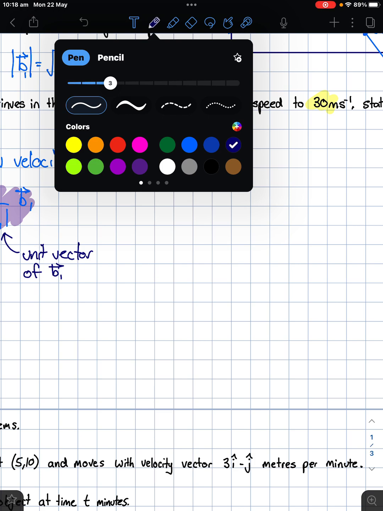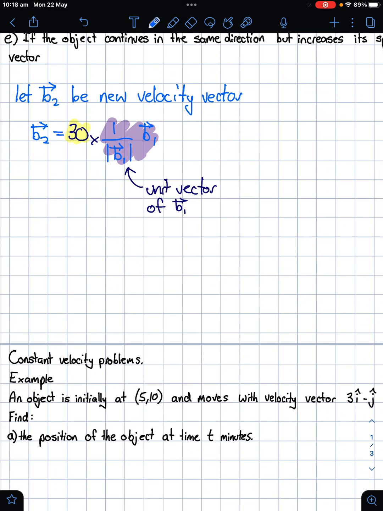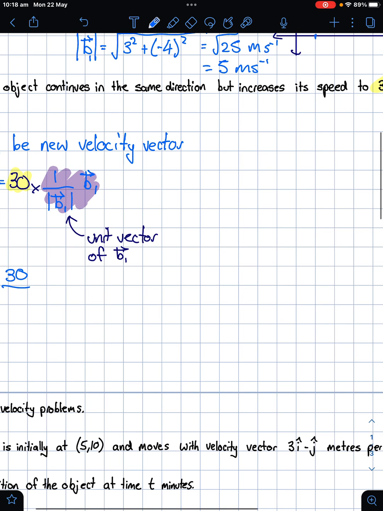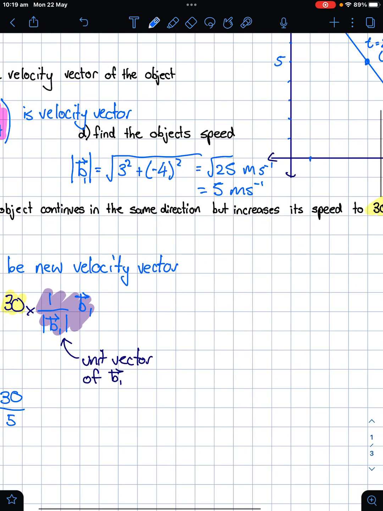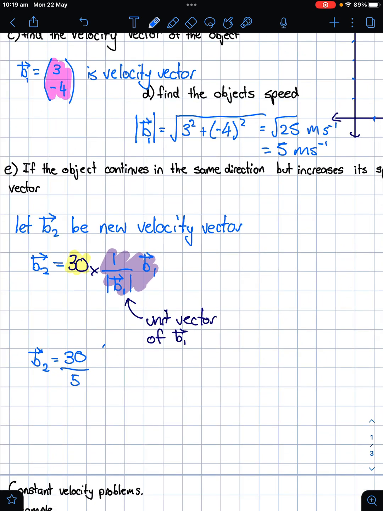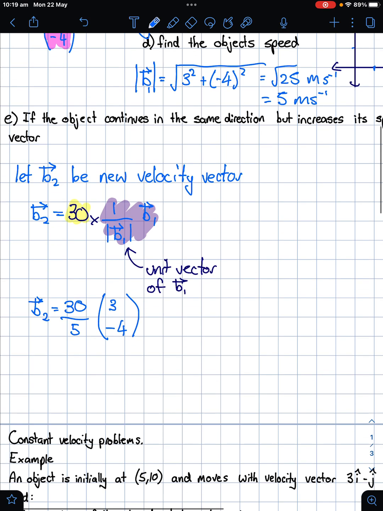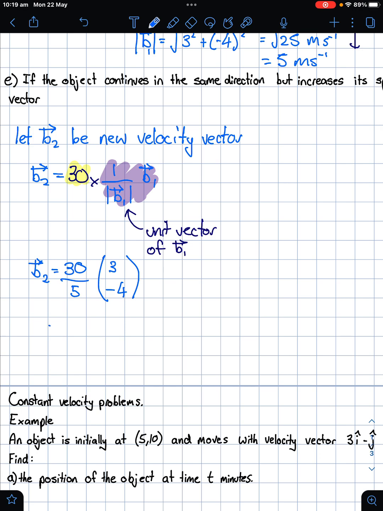So that means the next step here, B2 is going to be 30 over, we've already calculated this B1 here, which is 5 meters per second. So 30 over 5, and then times by our velocity vector, which is 3 and negative 4, which means it's going to end up being 6 times 3, negative 4, equals 6 times 3 is 18. 6 times negative 4 is negative 24.